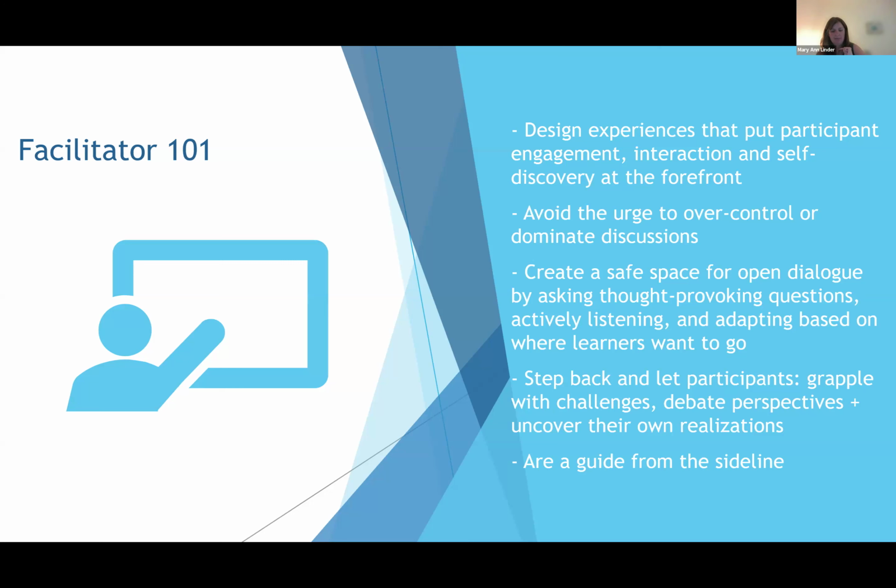You don't translate it for them. They translate it for themselves. The other key as a facilitator is, don't worry about controlling or dominating the discussions. You have other people in the room, so you're just guiding conversation.